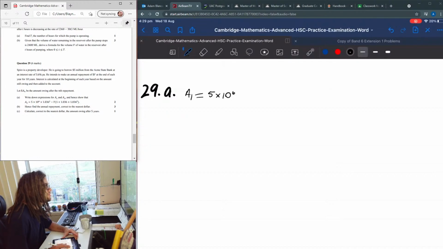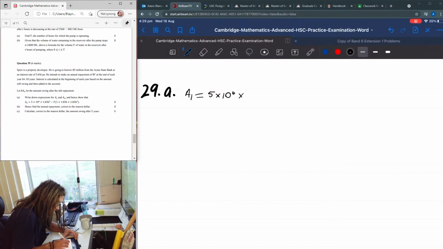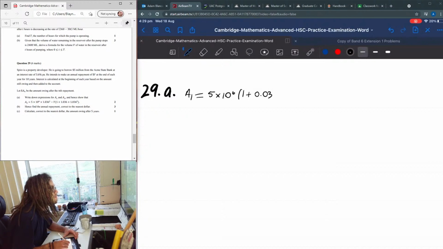So it's increased by 3.6%. So it increases, so 1 plus 0.036. Okay, and that compounds after the year, then he makes a repayment.